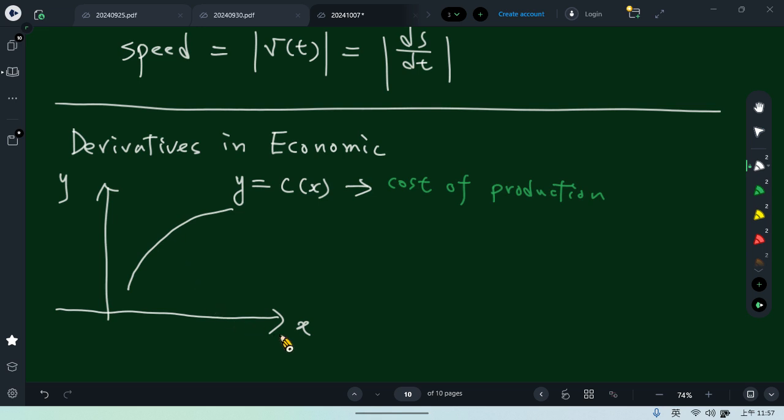So for example, if we ask about when you manufacture x units, then the cost will be here, right? This is c of x. But if you produce an additional h units, then here is x plus h. So the cost may become c of x plus h.